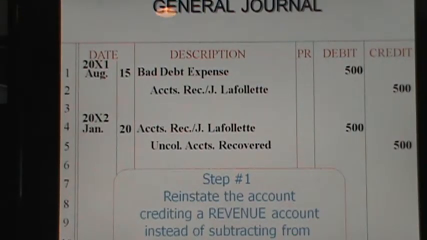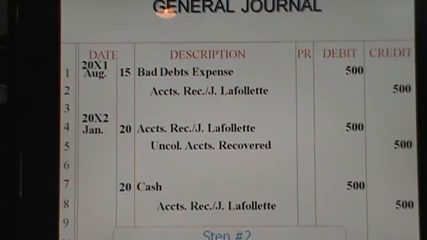Now, if he paid it off in a different accounting period, we still debit the accounts receivable / J. LaFolette, but then we credit an uncollectible accounts recovered account. And then we pay it off. So we debit the cash, credit the accounts receivable, just like we would if he paid it on time.